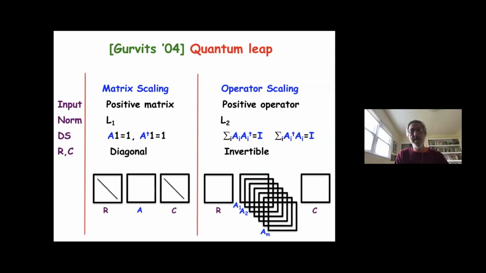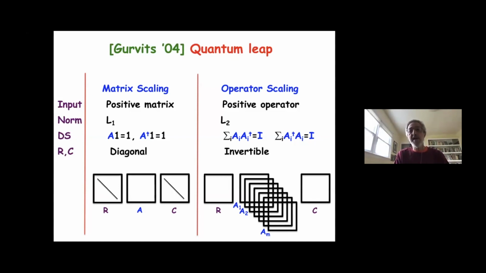And what are the scaling operations? Here in matrix scaling, we had diagonal matrices, right? And these are basically vectors. So you generalize vectors to matrices, to invertible matrices. So the allowed scaling operations are pre and post multiplying by invertible matrices.